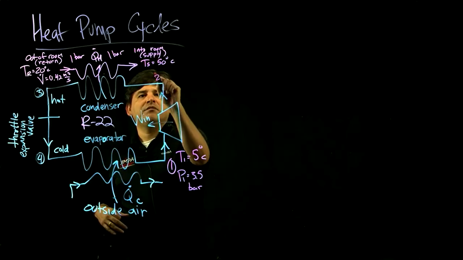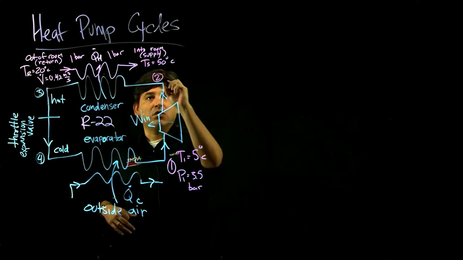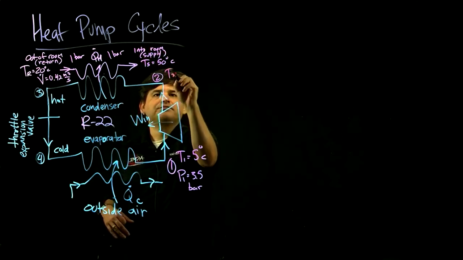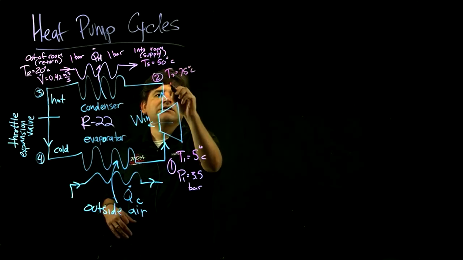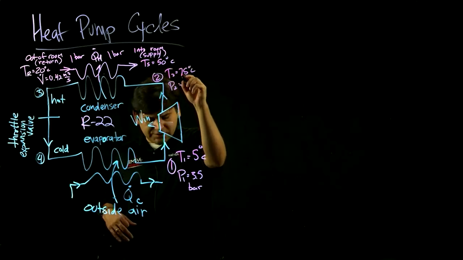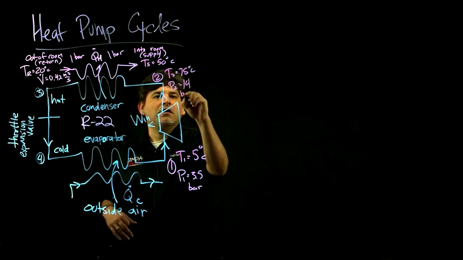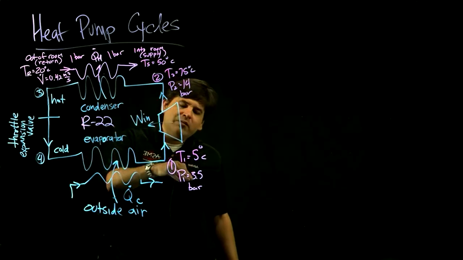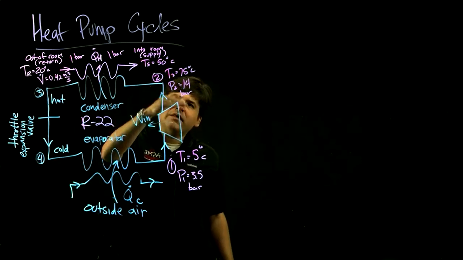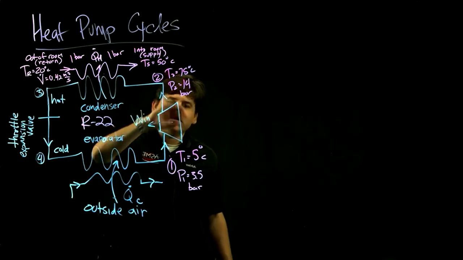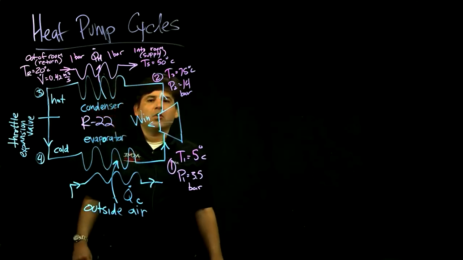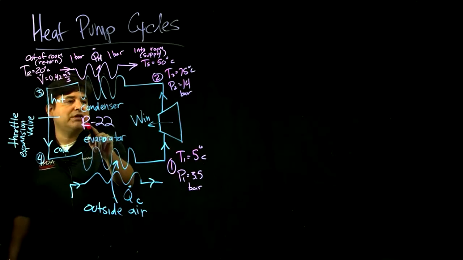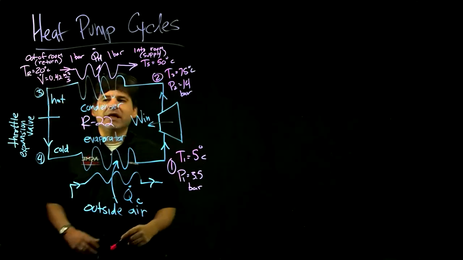Then after the compression stage, at state 2, the refrigerant, not the supply air, is at 75 Celsius, and the pressure is at the high pressure branch, 14 bar. So the compressor increases the pressure from 3.5 to 14 bar, and that also increases the temperature. And what we're going to need to do is look up the property tables, the steam tables for R22, to get the values of the energies and enthalpies.